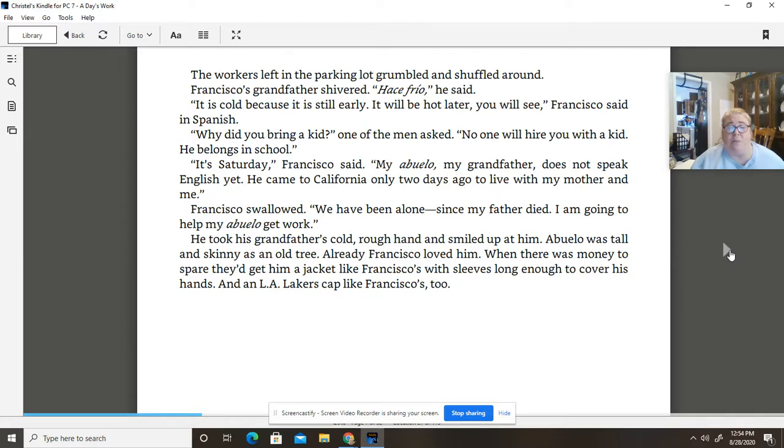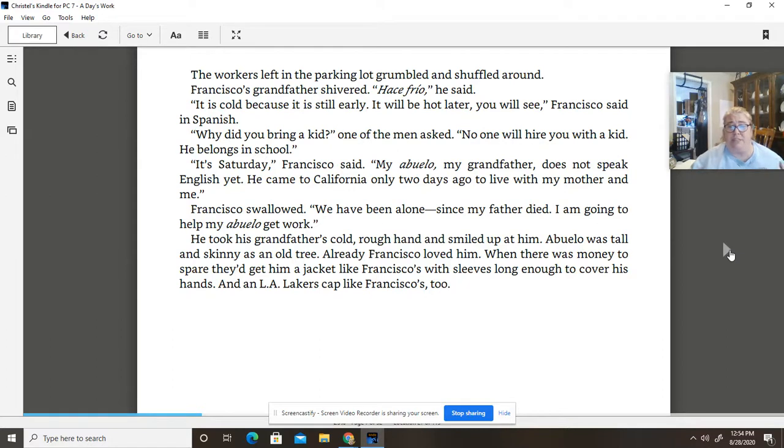I am going to help my abuelo get work." He took his grandfather's cold, rough hand and smiled up at him. Abuelo was tall and skinny as an old tree. Already, Francisco loved him. When there was money to spare, he'd get him a jacket like Francisco's with sleeves long enough to cover his hand, and an LA Lakers cap like Francisco's too.